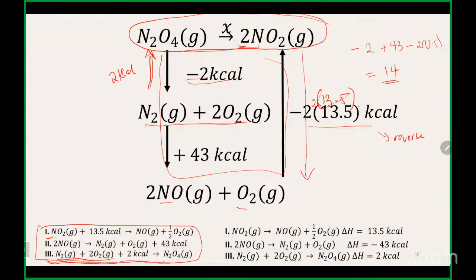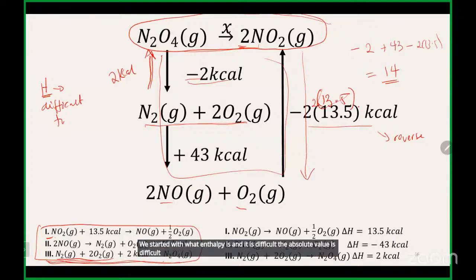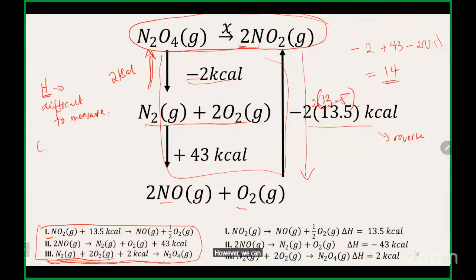Anyway, so let's quickly take a look at what we started with, which is what enthalpy is, and the absolute value is difficult to measure. However, we can determine it from calorimetry.